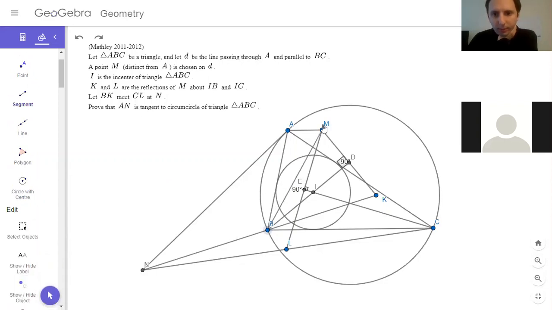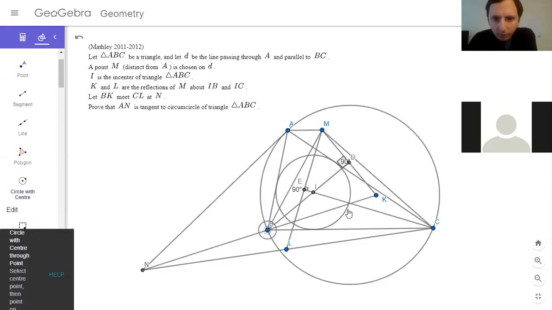So yeah, BMK is isosceles. MCL is isosceles. What if I drew this circle?